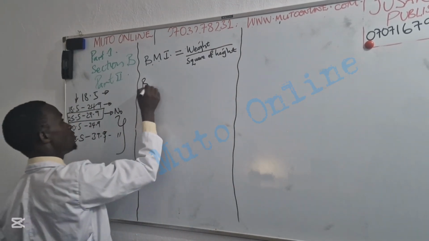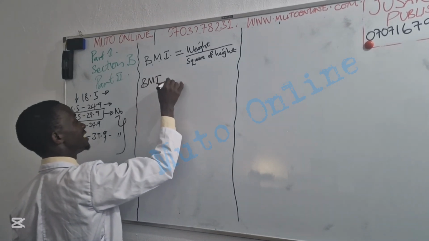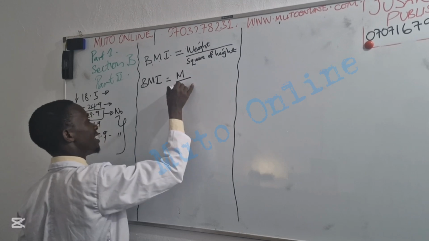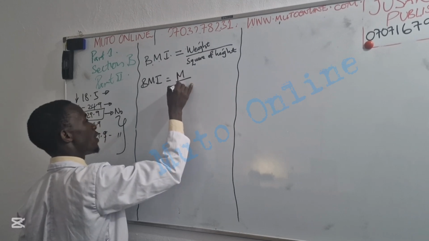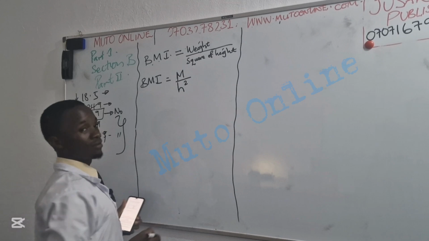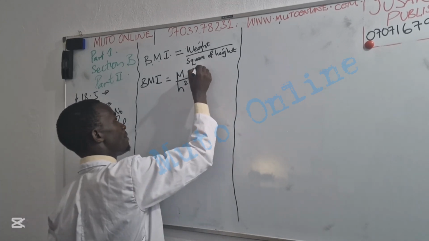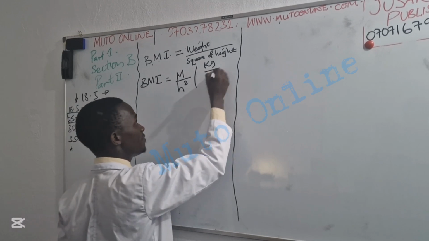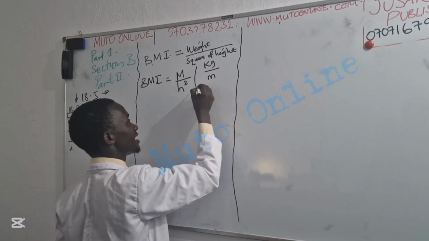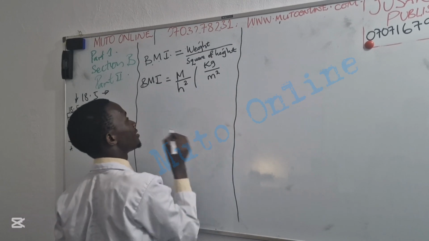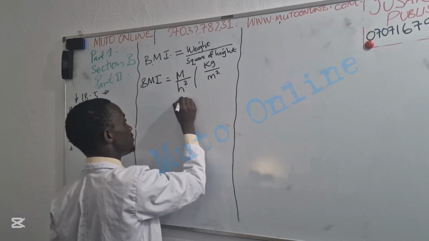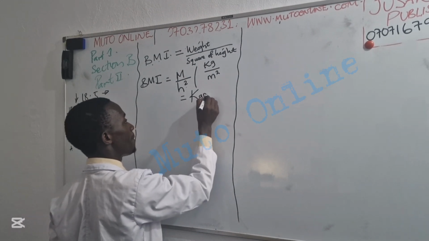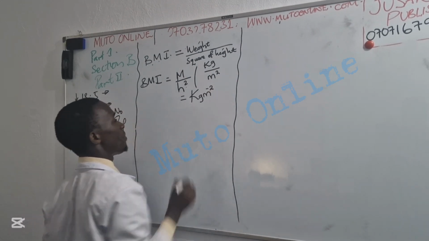So therefore, the BMI is simply the mass over the height squared. So remember, the mass is in kilograms. When you divide it by height, which is in meters squared, remember the height is squared, the BMI will be with a unit which is kilograms per meter squared.